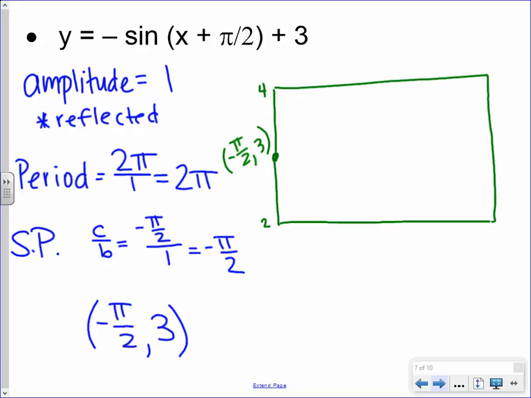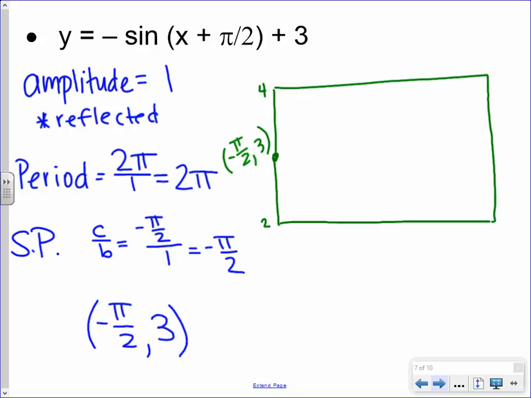Our amplitude is 1, so if we're beginning at a y value of 3, up 1 would be 4, and down 1 would be 2. So that's the y value there.